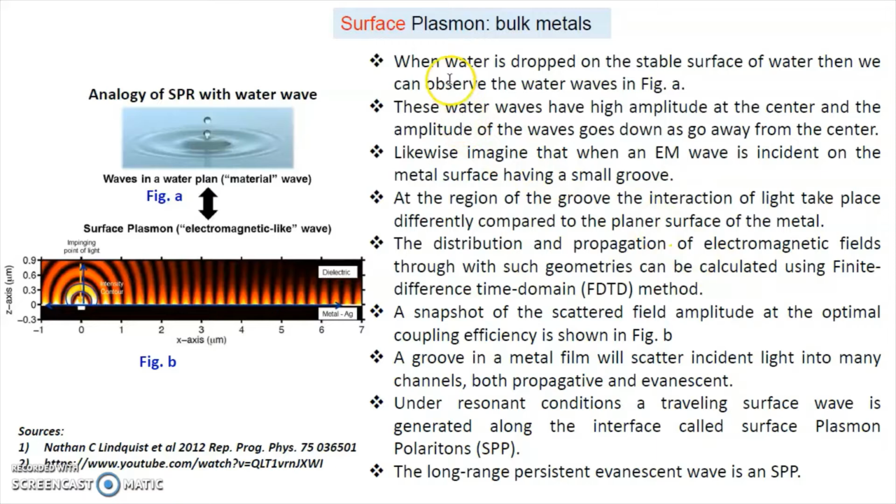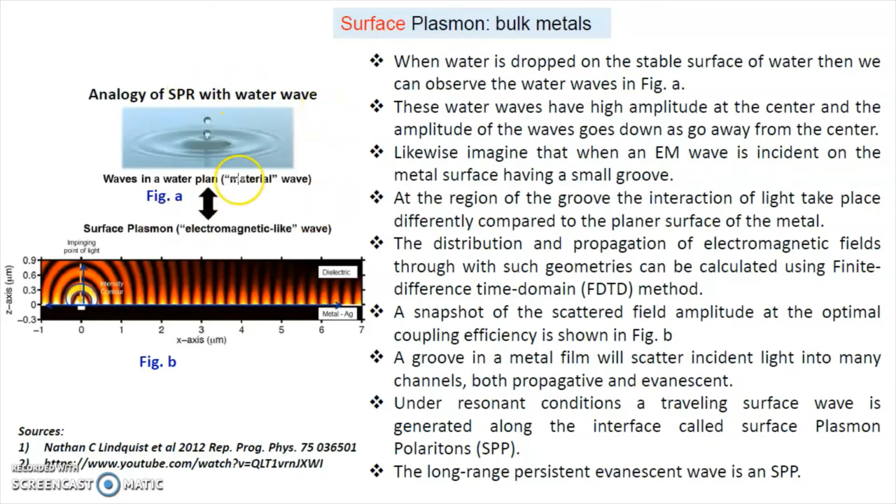When a drop of water falls on the stable surface of water, we can observe the water waves as shown in figure A. Just for understanding purposes, we are taking an example of a water wave. This is an analogy of surface plasmon with water wave.